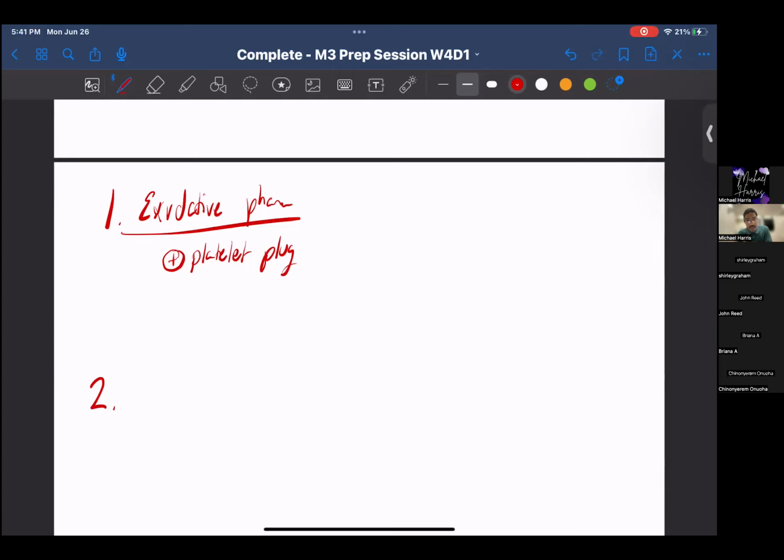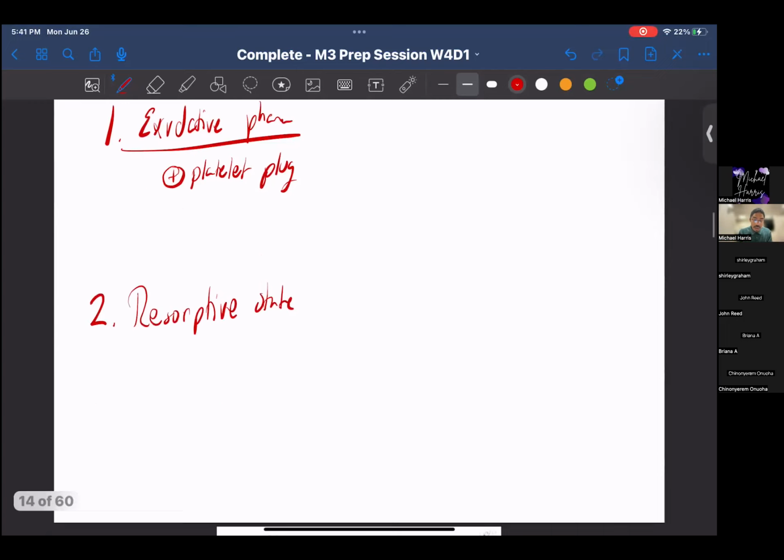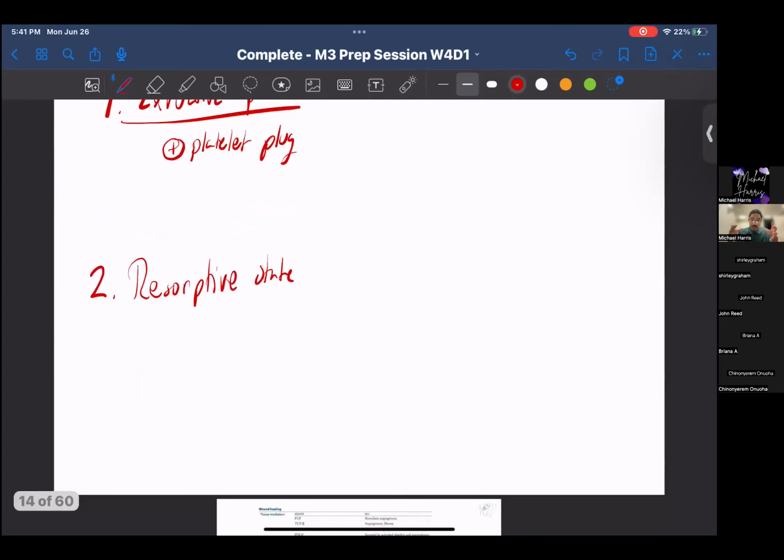So the next phase is the macrophages coming in, the neutrophils coming in, the platelets being activated and releasing their various factors, which is known as the resorptive stage, because now you're trying to heal the tissue and resorb this plug that you have developed.